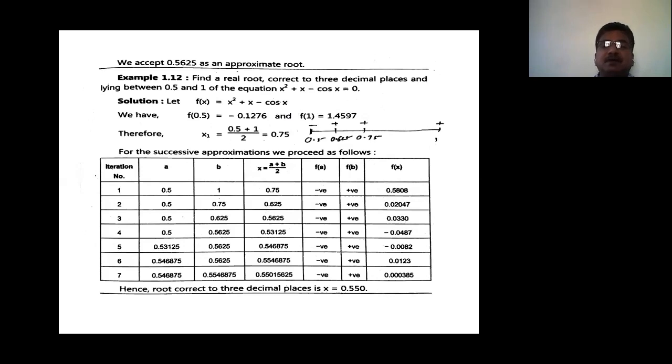Okay, that is, the values of f(x) at those points have opposite signs.